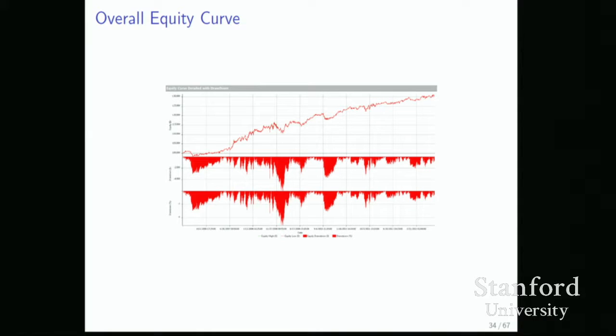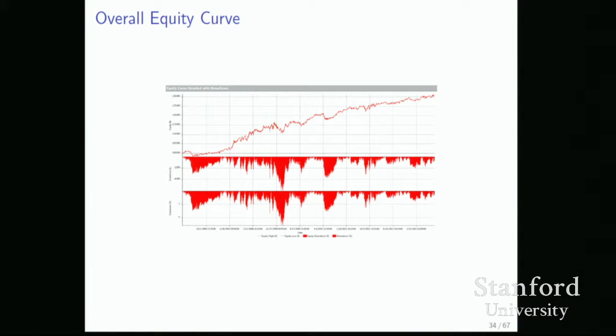So this is one of the graphs that one wants to look at. Okay. How do you know that overall it does well? I think if you look at these Sharpe ratios and so on, they seem to be on the positive side, so it should be okay. But one other graph that I would like you to think about is that if you invested this $1,000 in the beginning, at the end of whatever period you are looking at, buy and hold, how much money you would have made.